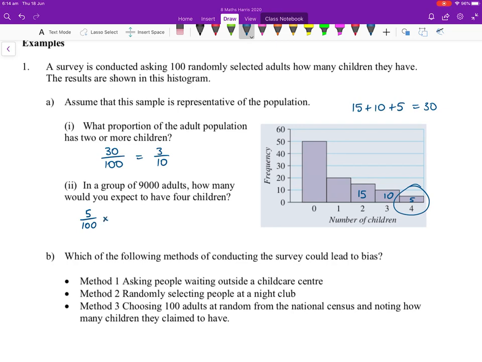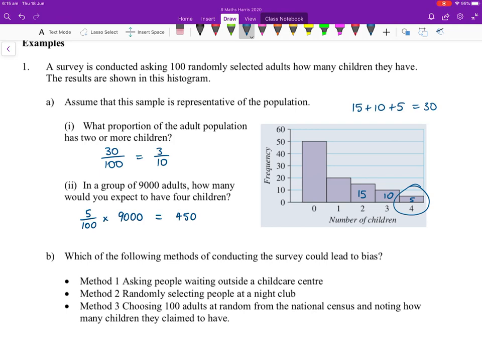And if we wanted to apply that rule to 9,000 people, we'd go 5 out of 100 times the 9,000 people. And if you do that, you would get 450. So we'd expect 450 of those adults to have 4 children based on our original survey.